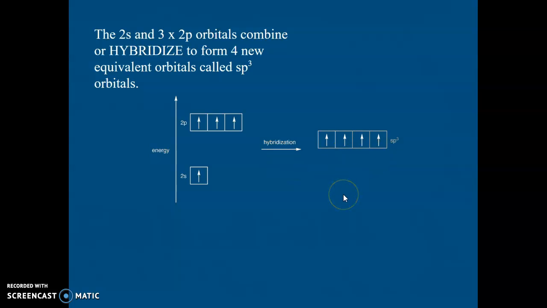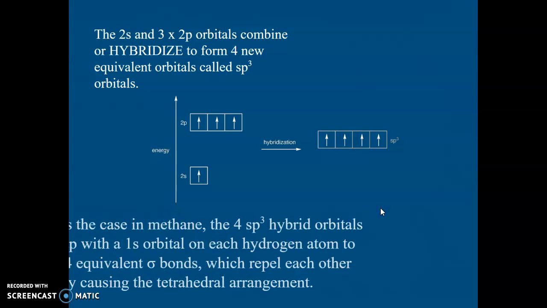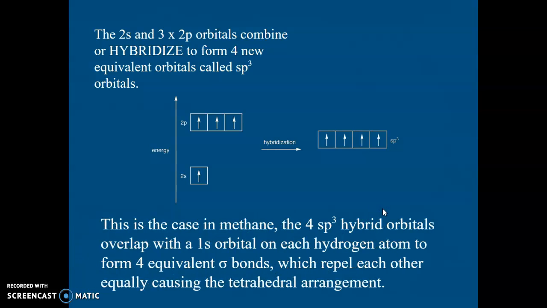And this theory enables us to explain why the 4 carbon to hydrogen bonds in methane are identical. 4 equivalent sigma bonds are formed by overlap of the 4 sp3 hybrid orbitals with the 1s orbital on each hydrogen. And remember, they repel each other equally, and we get this tetrahedral arrangement that we should be familiar with by now.